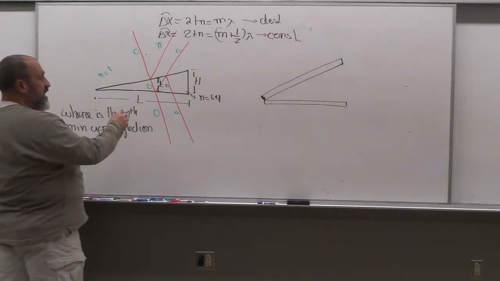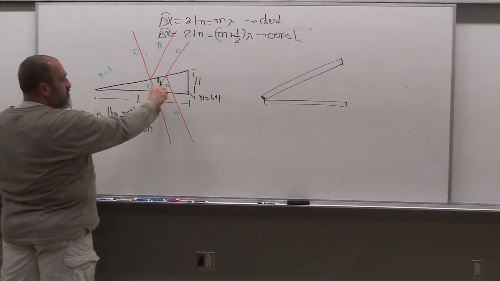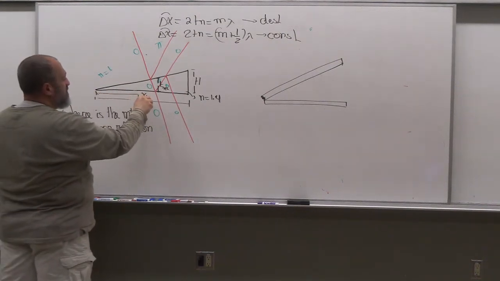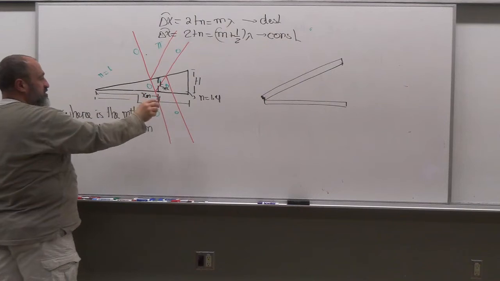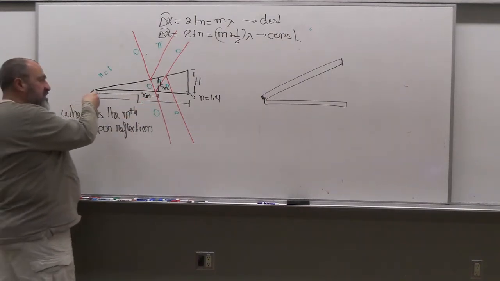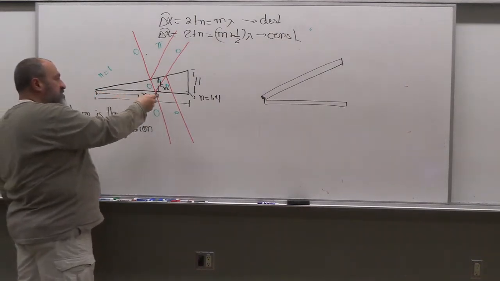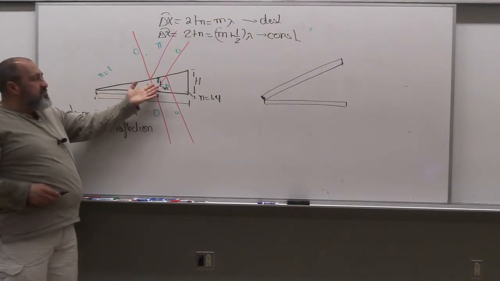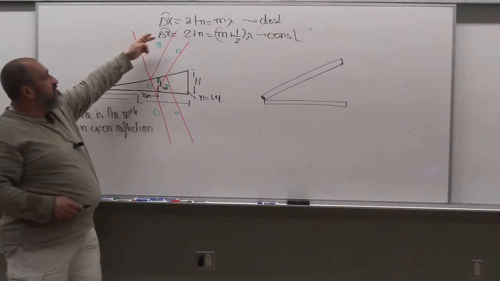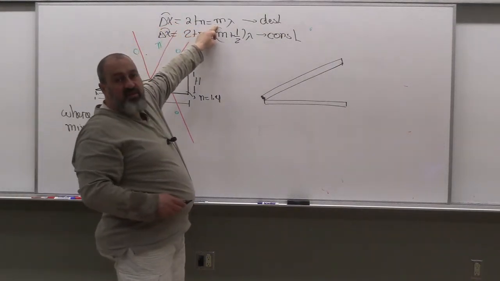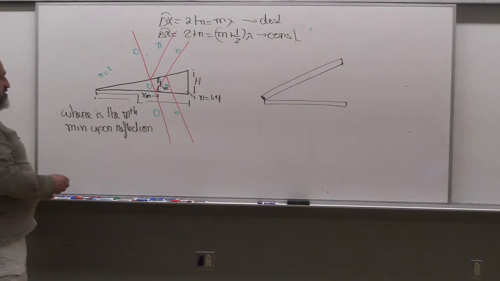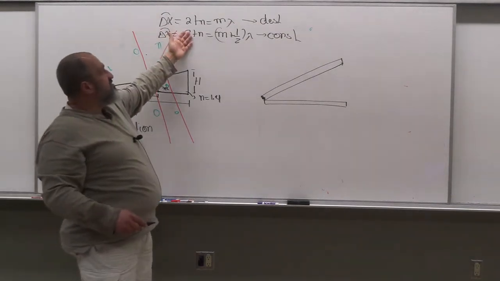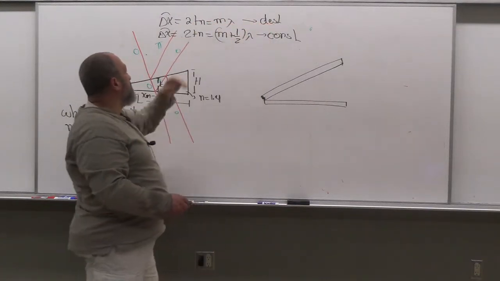This is T that corresponds to the mth maximum or minimum, and this is the X that corresponds to where it is along the wedge. So the question is, how far along the wedge, measured from the corner, will the 7th maximum be? You can see that here I'll get the 1st, 2nd, 3rd, 4th, the thicker the film, the higher the order of interference, right? So what is the mth minimum upon reflection? Upon reflection, we have these conditions. Minima are governed by these, so we need what?